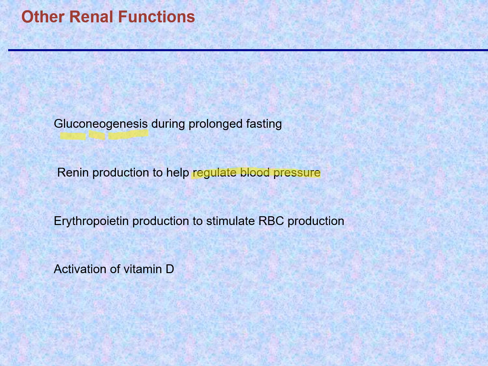I'll talk about that more soon enough. They produce erythropoietin, a hormone that stimulates production of red blood cells in the red bone marrow. And they act on vitamin D to activate it. So they're quite important in the production of that vitamin.